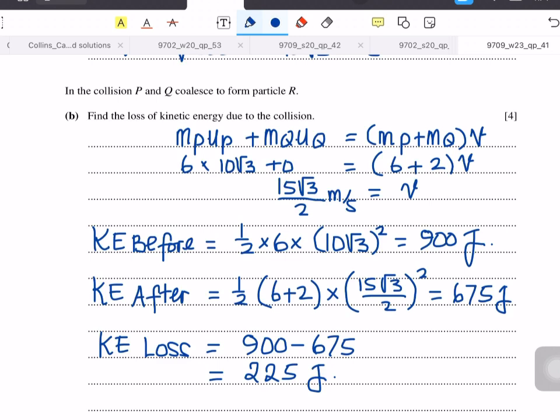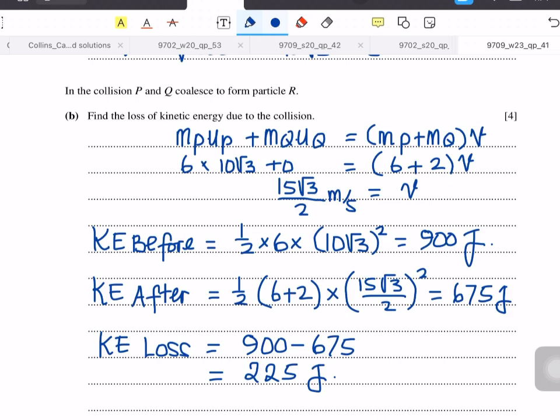MPUP plus MQUQ is equal to MP plus MQ times V. So 6 times 10 square root of 3 plus 0 is equal to 6 plus 2 times V. This is MP plus MQ because the two particles coalesce after collision. So V is 15 square root of 3 over 2 meter per second.